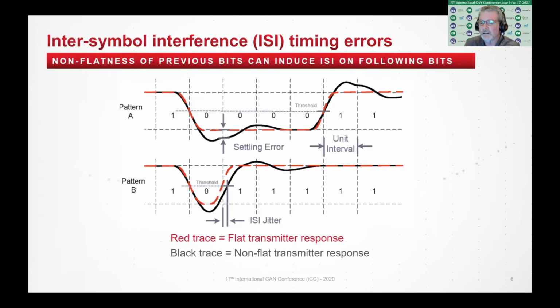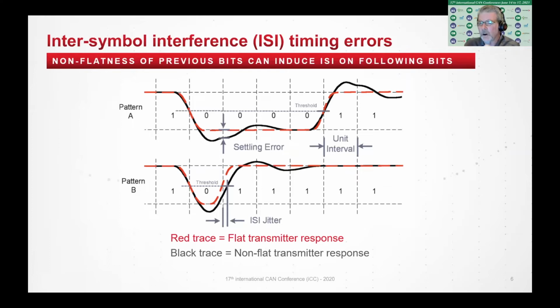But now take a look at pattern B. The black trace that has the overshoot and ringing goes to a much higher absolute voltage, in this case a larger negative voltage. When it switches to rise back up to a recessive level, it takes longer to get to the threshold level with a fixed slew rate. Therefore, you have a timing shift, so you have a timing error.